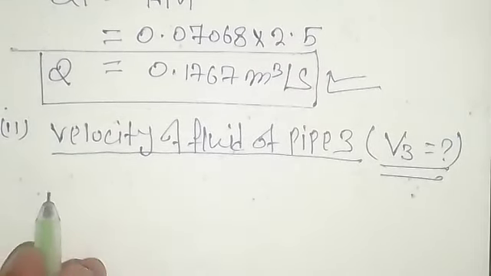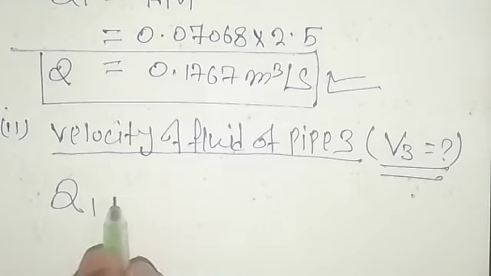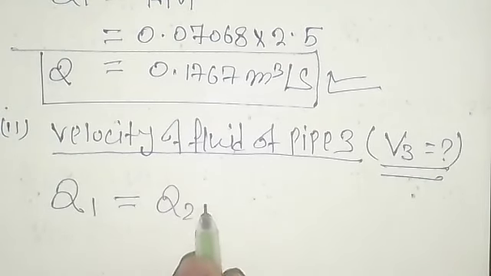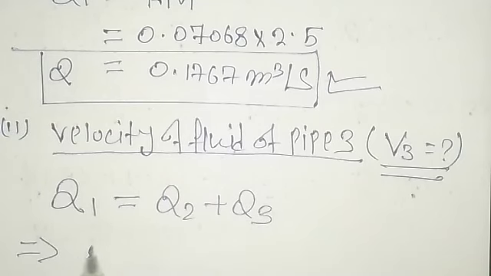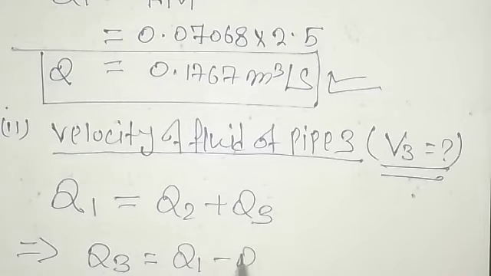We know that the total discharge q1 is equal to q2 plus q3. q3 we don't know, so q3 is equal to q1 minus q2.